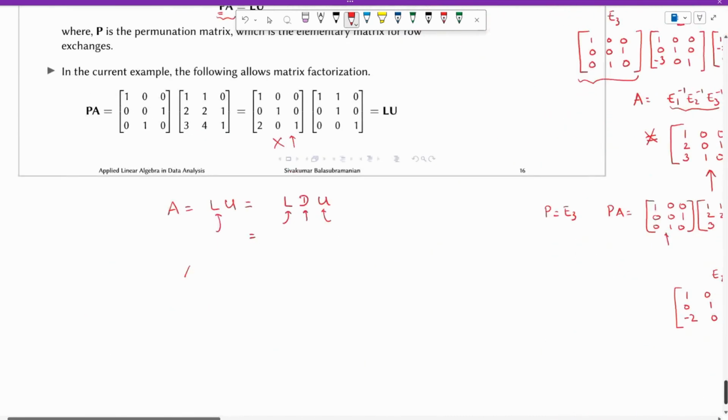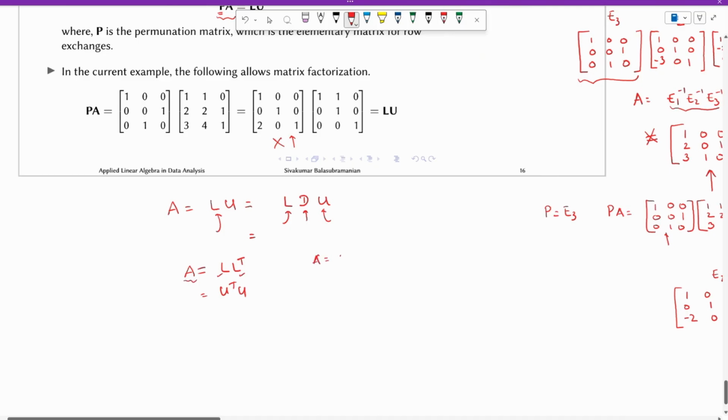And another interesting property is if you have a matrix A, which is square and full rank, then you'll essentially have, okay, both your L and U will be transposes of each other. And that is easy to show.